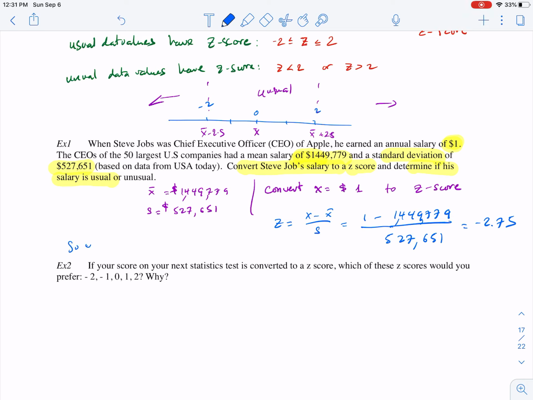So yes, Steve Jobs' salary is unusual, because his salary Z-score is beyond 2 in absolute value.